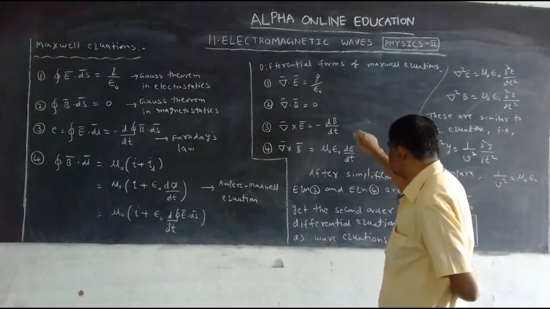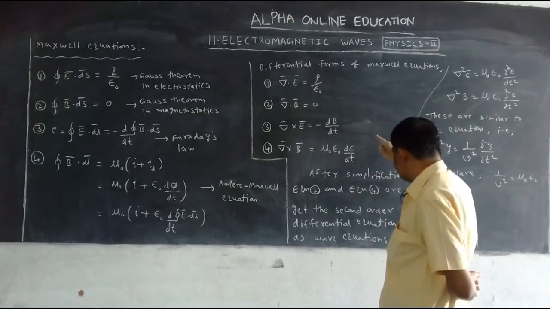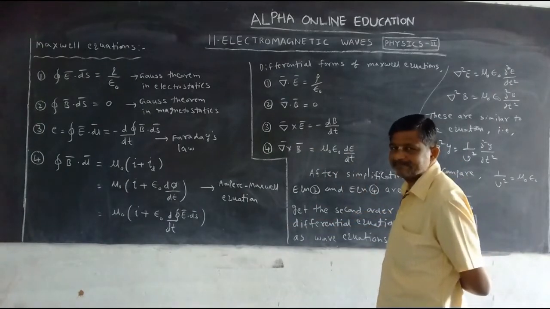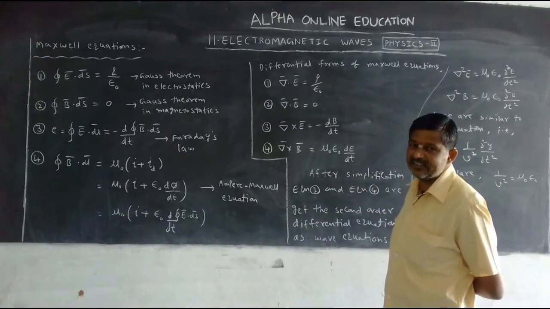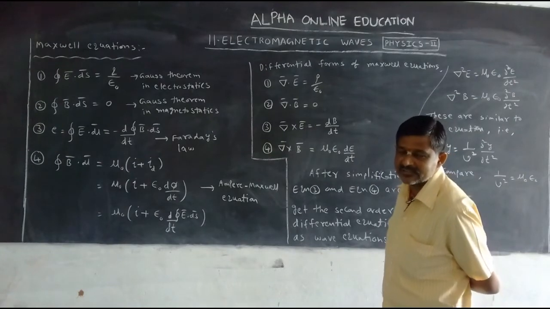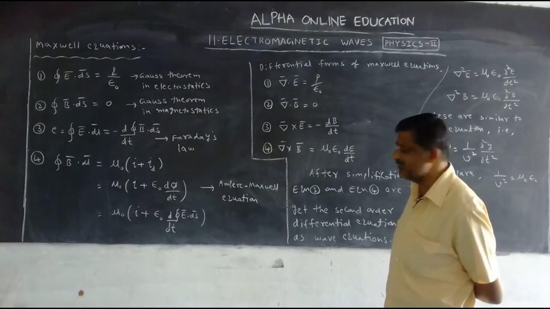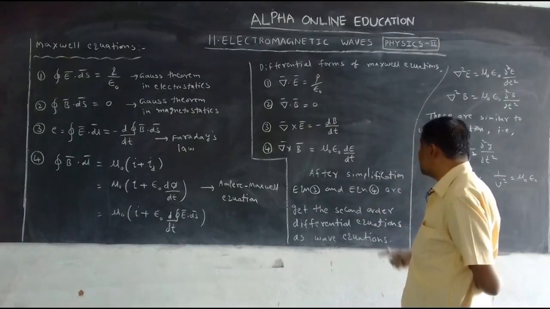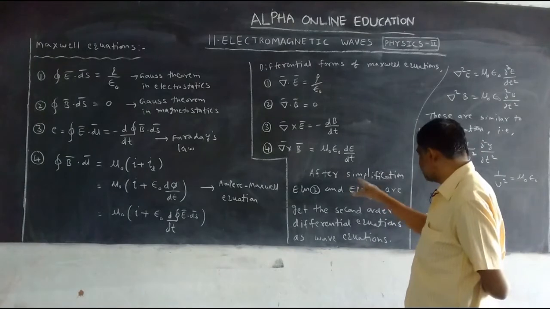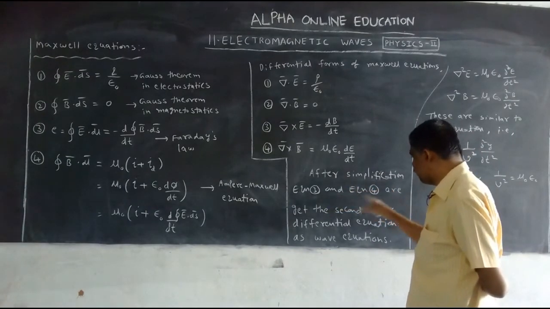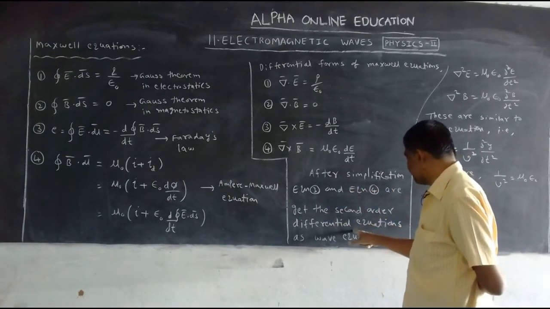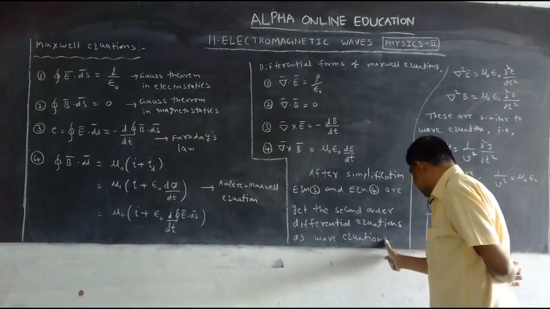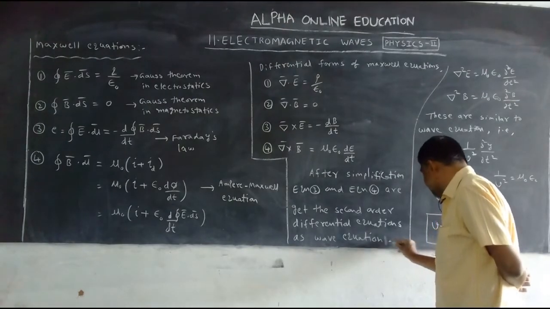After simplification of equation 3 and equation 4, we get a second order differential equation, like the second order differential equation in LCR circuits used in alternating current. This second order differential equation is a wave equation.